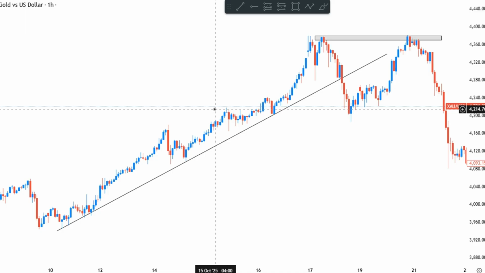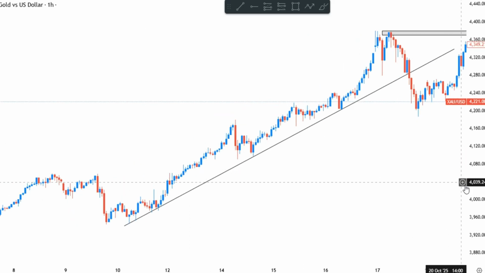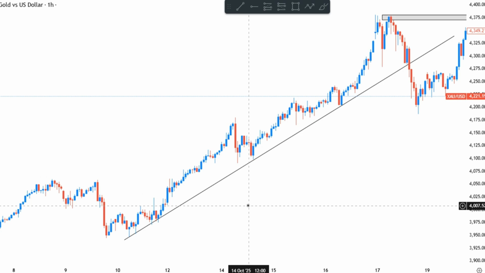You can use the trend line to find continuation setups, and it also gets you sniper entries on pullback. Now, how do you get your sniper entries? It's very simple, and I'll be talking about that. That is the reason why it's important to watch this video to the end.